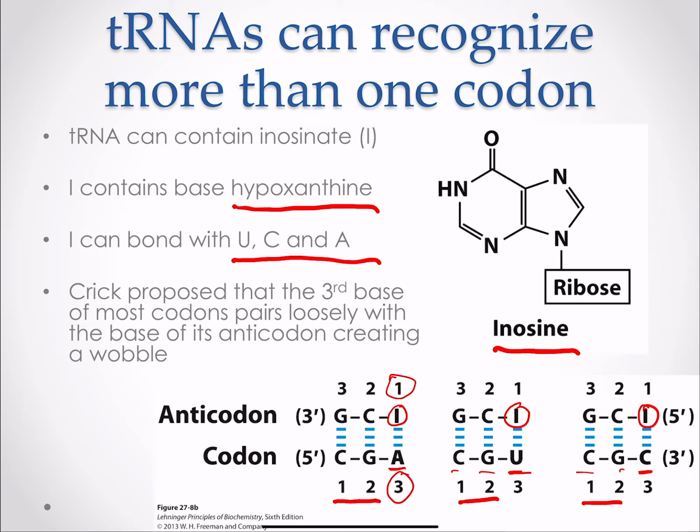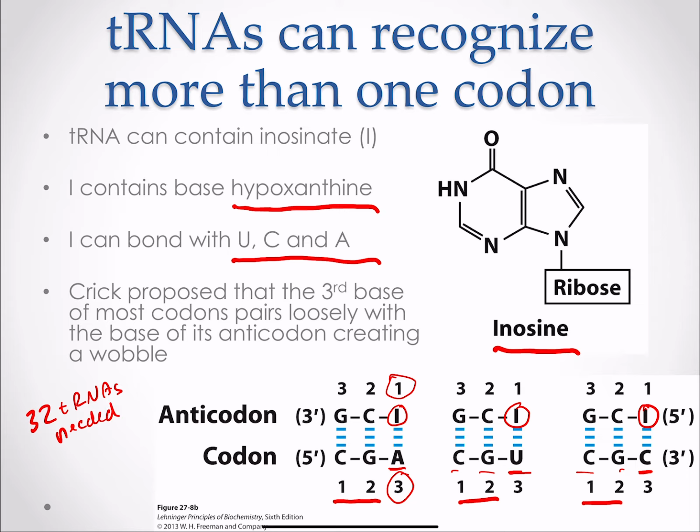So an amino acid is specified by different codons. The codons that differ in either of the two first bases are recognized by different transfer RNAs. So there are a minimum of 32 transfer RNAs that are required to translate all 61 possible codons. So we have 32 tRNAs needed.